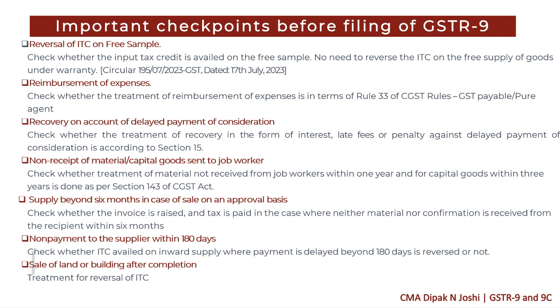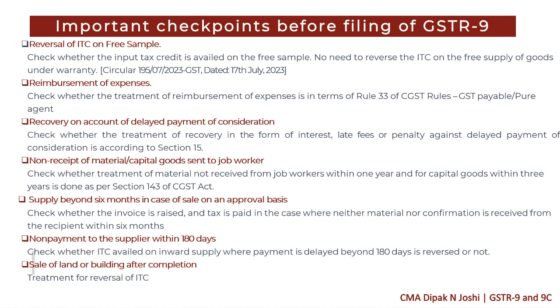right? And such services you have given in the capacity of a pure agent. Now what is this pure agent? On behalf of the recipient, you are obtaining those services and passing those services to the recipient. So it is very important to understand that if you are fulfilling the conditions of Rule 33, then only GST is not payable on the reimbursement of expenses.